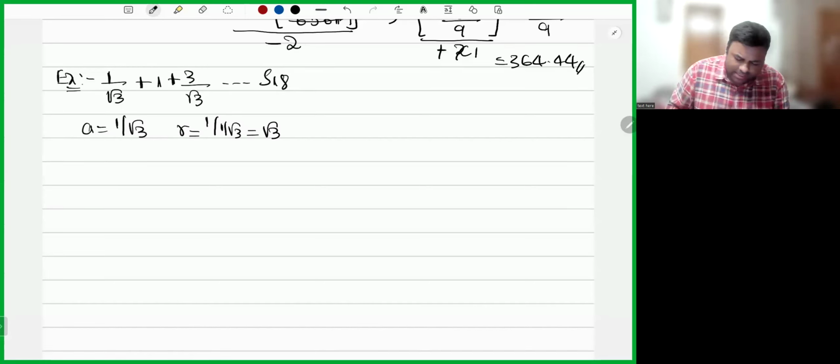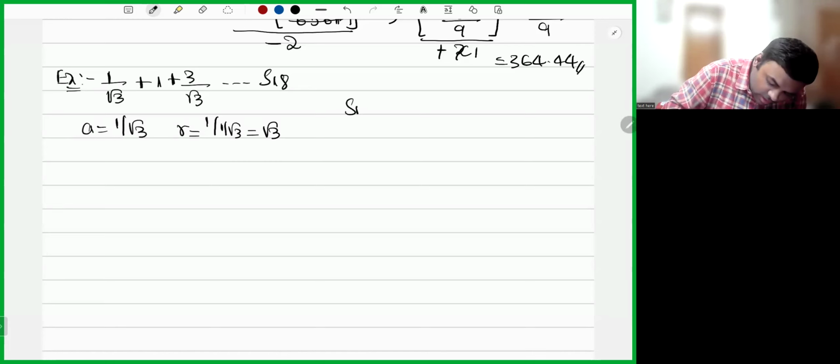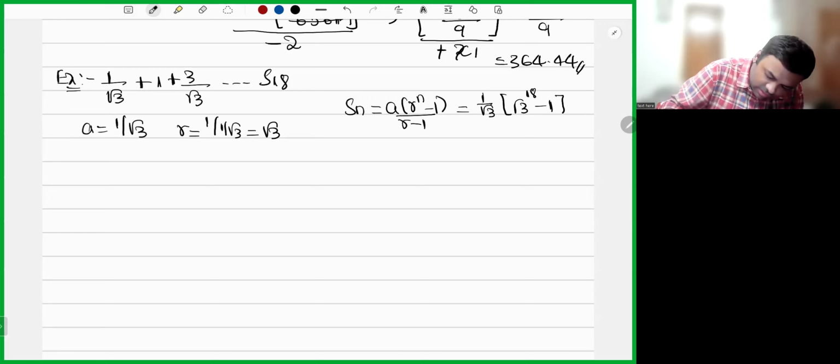Now let us compute Sn. A into R power n minus 1 by R minus 1. A is 1 by root 3, R is root 3. So 1 by root 3 into root 3 power 18 minus 1 by root 3 minus 1.